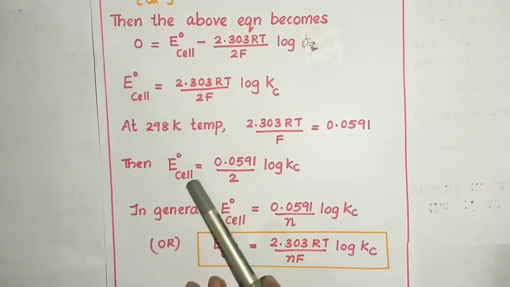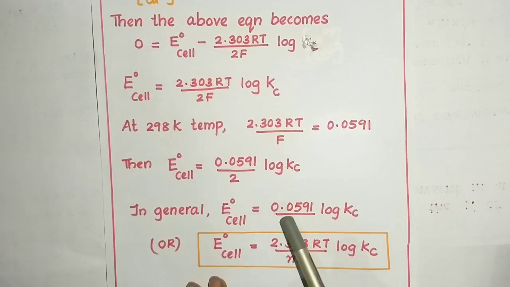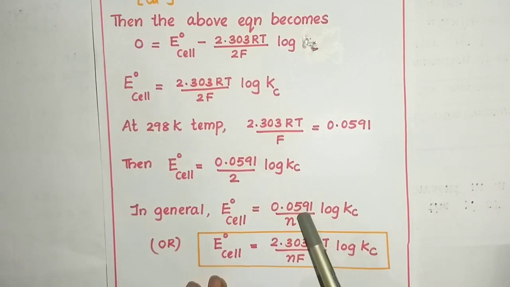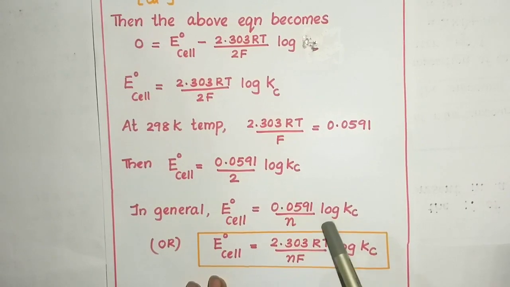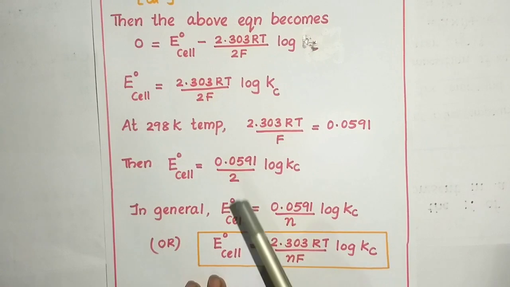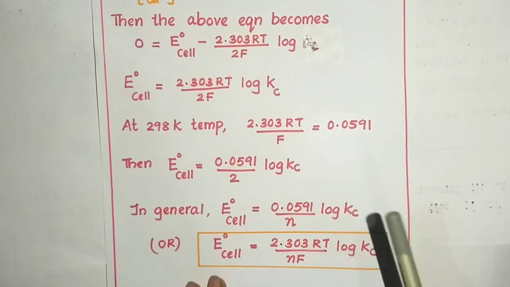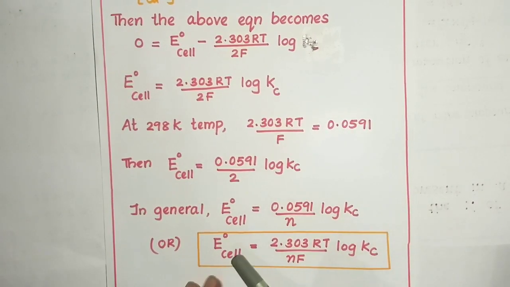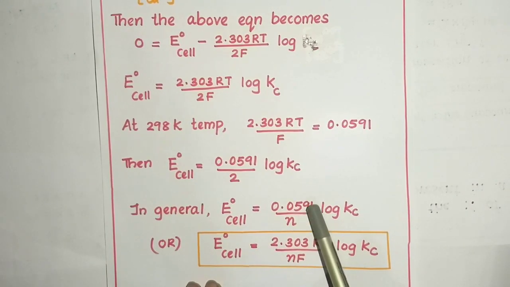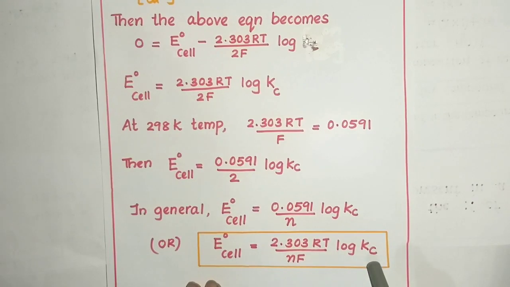Generally we can write E0 cell is equal to 0.0591 divided by n log Kc. For Daniell cell n is equal to 2, but for a general reaction it is taken as n. Then E0 cell is equal to 2.303 RT by nF log Kc.